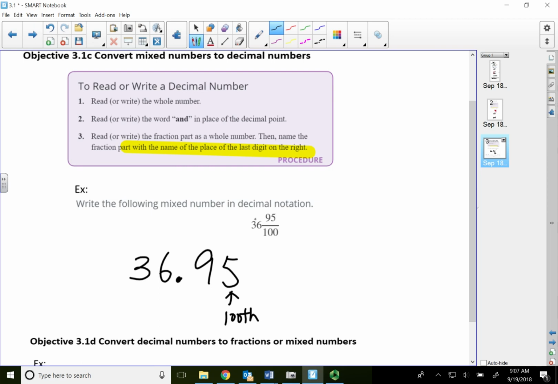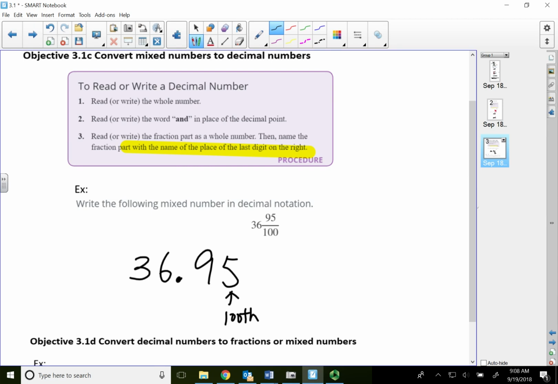The way we read a mixed number properly is exactly the same way we write our decimal notation. Let's not worry about reducing the fraction right now, because 95 over 100 can be reduced. If we do not worry about reducing for the moment, just purely reading it, 36 and 95 hundredths, write it as a decimal number, and it will look just like this.